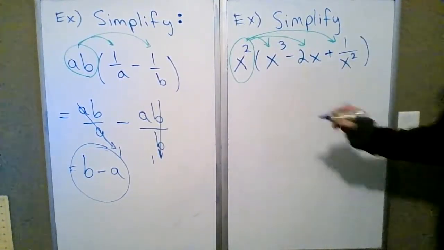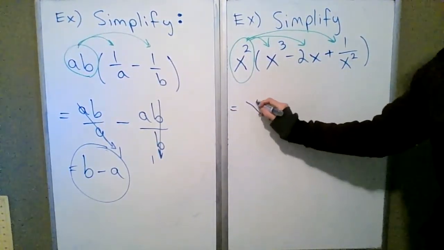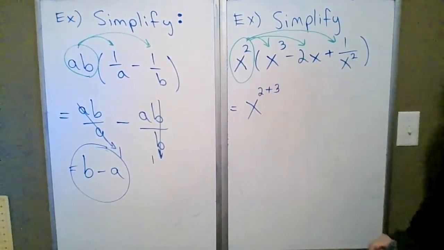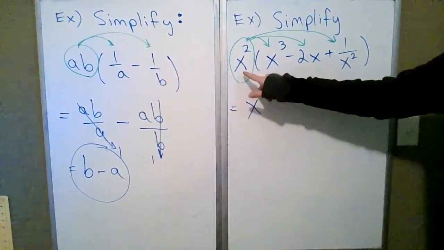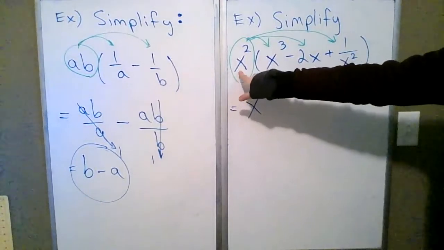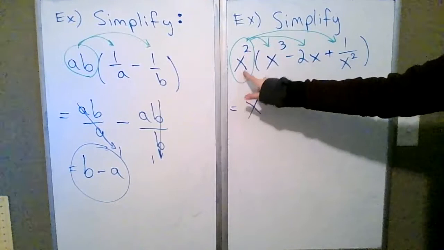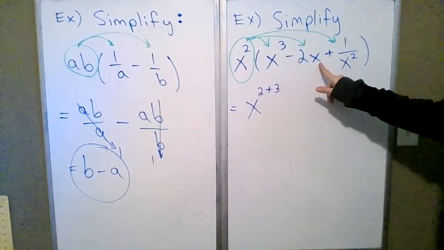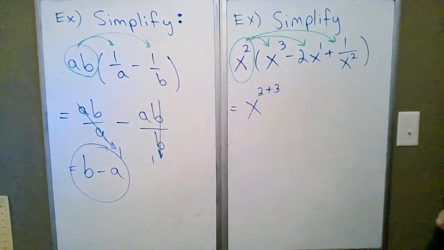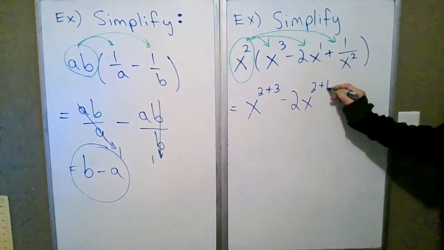X squared times x cubed is x to a power of 2 plus 3, because they have the same base, and you're multiplying these values together, so you keep it over that base and add the exponents. Same here. -2 with x, and it has a power of 2 plus 1.